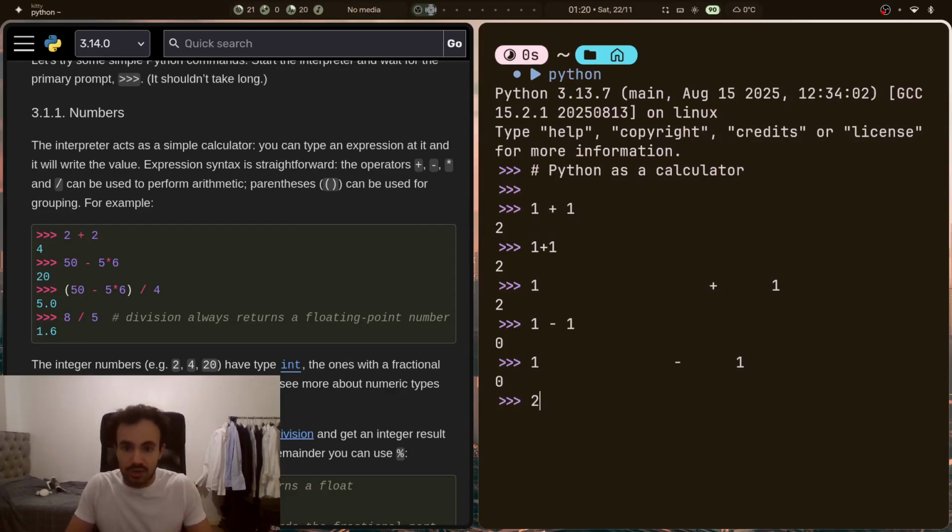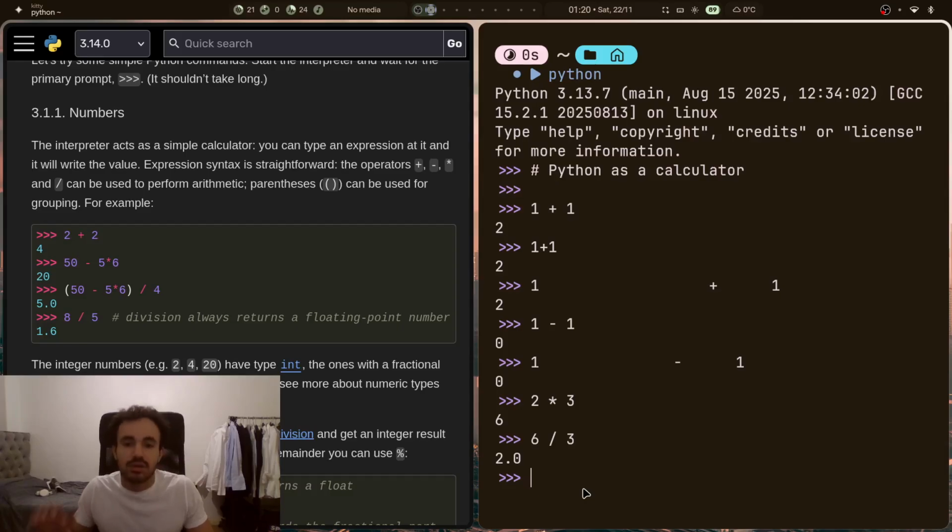So let's give a better example. 2 times 3 will give you 6, and 6 divided by 3, right, that's the fourth operator, that will give you 2. Now notice how it says 2.0 as opposed to just 2. I'm not going to go into too much detail, I'm going to explain this in the next video, but this is effectively data types, and these are integers, and this is a floating point.